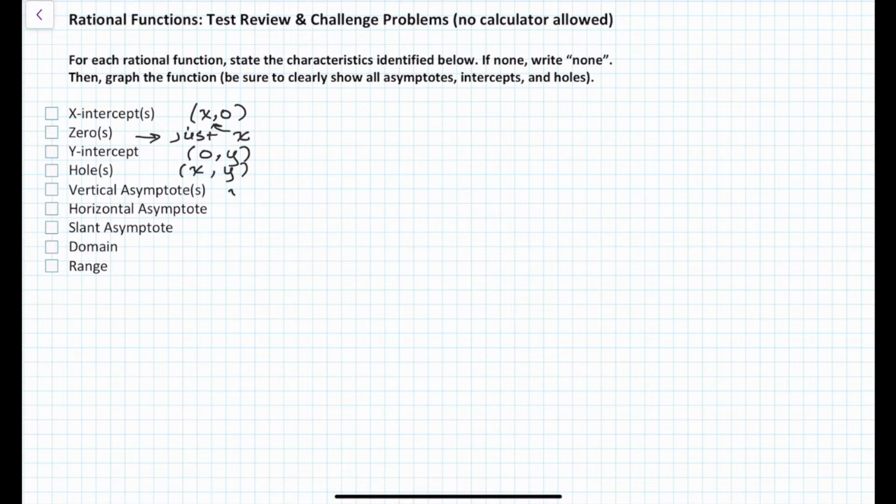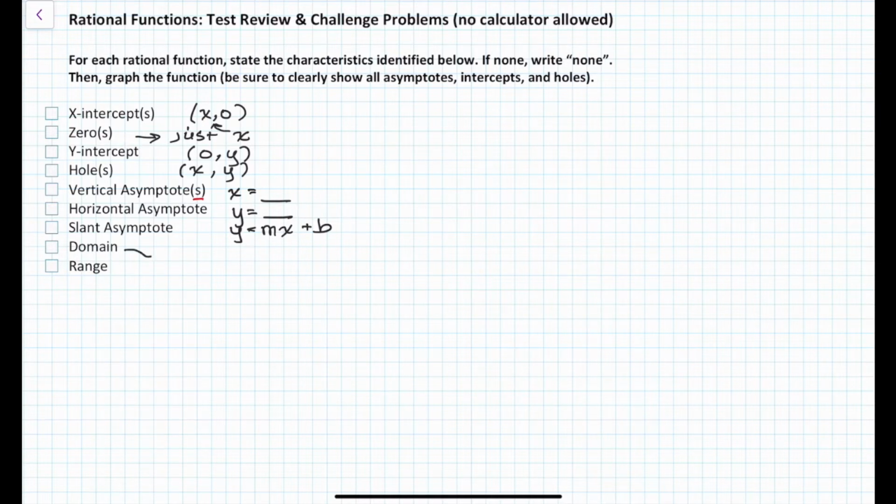If there's a hole in the function, that's a coordinate point. A vertical asymptote, horizontal asymptote, and slant asymptote will always need to be given as an equation, meaning there has to be an equal sign there. So vertical asymptote is x equals something, horizontal asymptote would be y equals something, and a slant asymptote for our problems will be the equation of a line, if there is one.